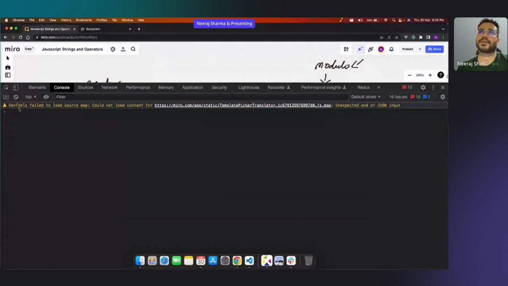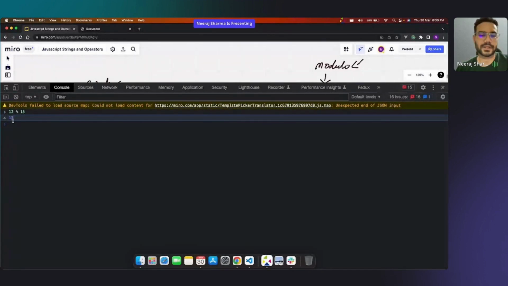Okay, so it should be 12. That one was taking the division, I guess. That one is taking percentage. So this is the modulo. If you divide 12 by 15, the remainder is going to be your modulo result.